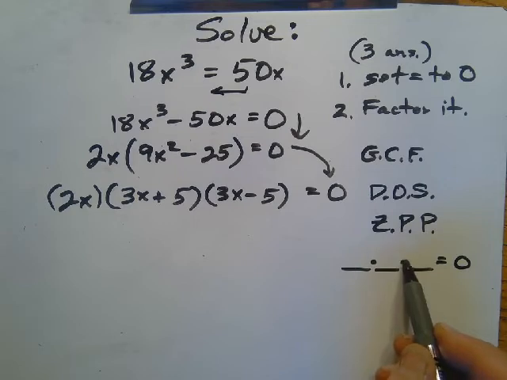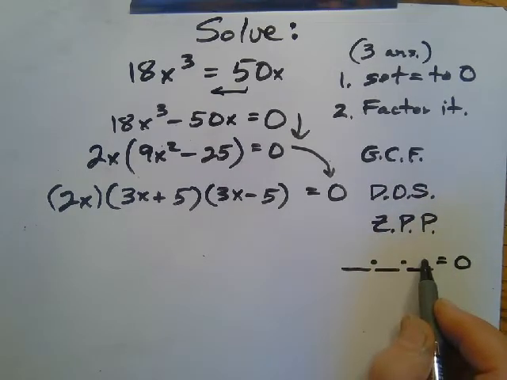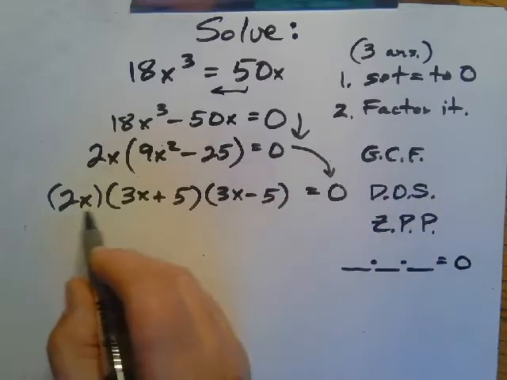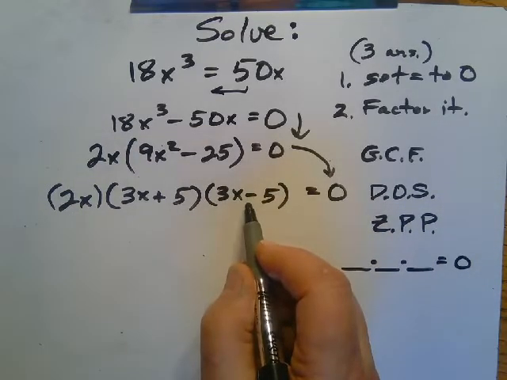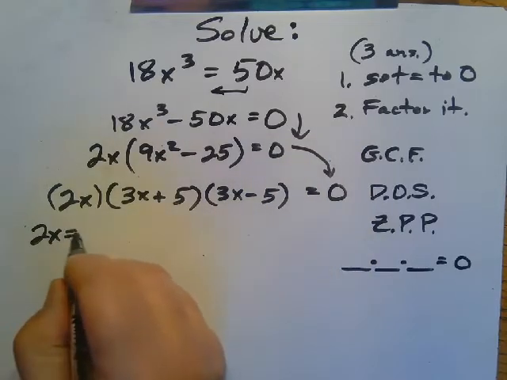Or if a different one is 0, it makes my answer 0. So either one of these three could be 0. Could be this one, could be this one, could be any of them. So each of these factors here could be 0. So let's set each one equal to 0.